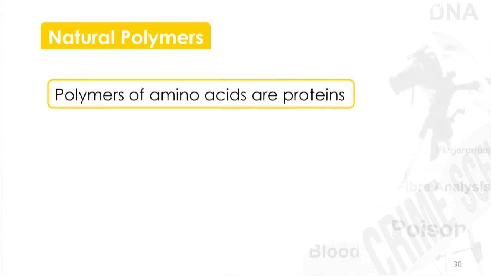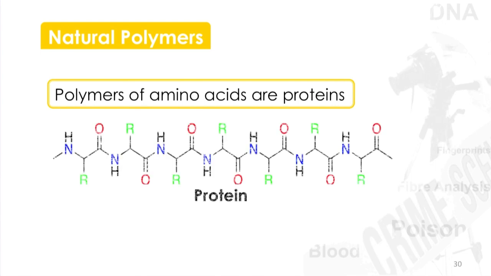The polymers are formed by the carboxylic acid unit of one amino acid reacting with the amino group of another, and so on, making a chain.